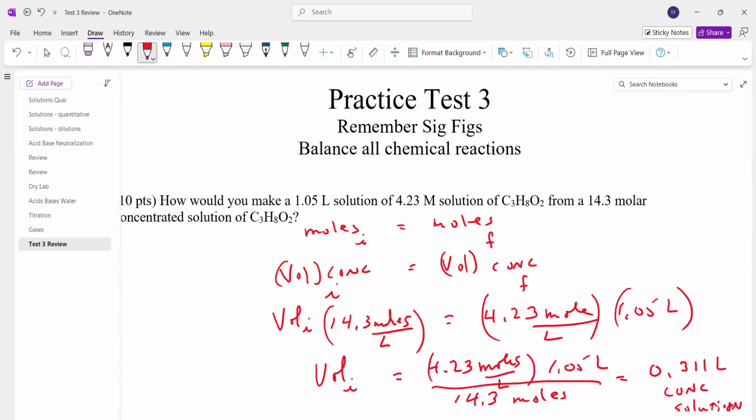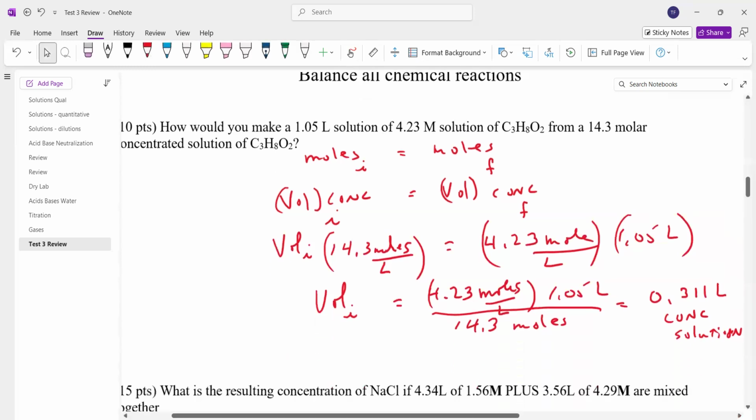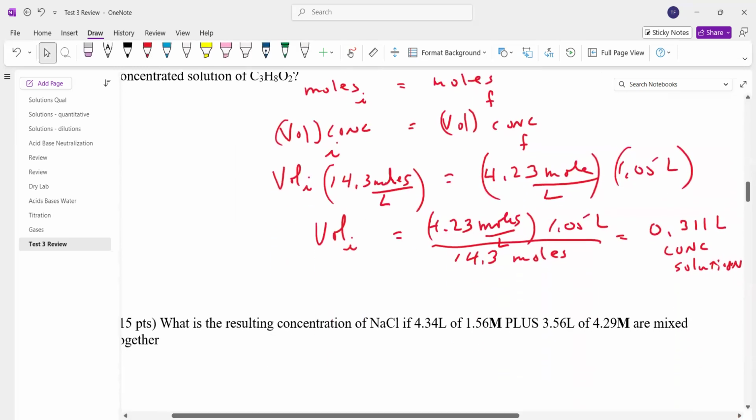Okay, so we end up with 0.311 liters of the concentrated solution. So how would you make it? We need directions again.